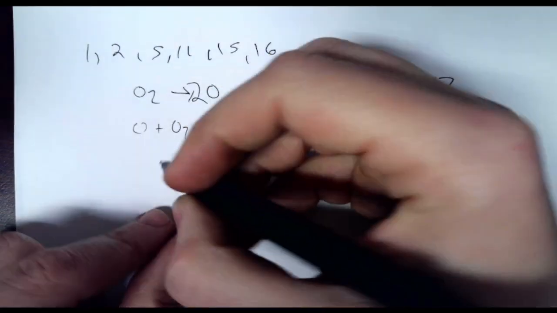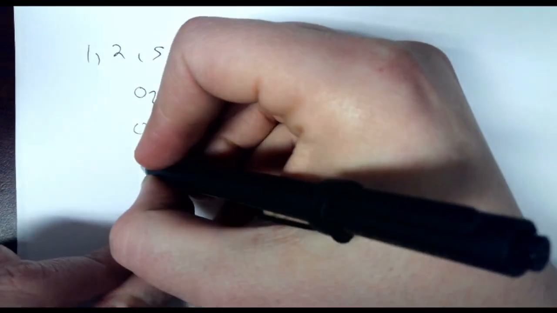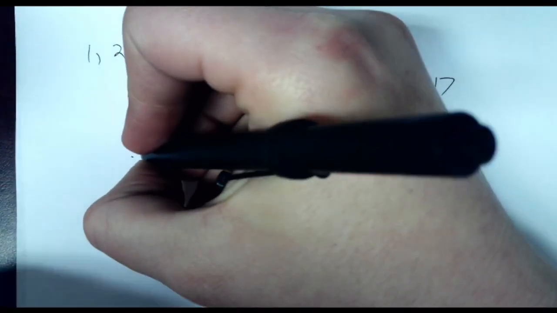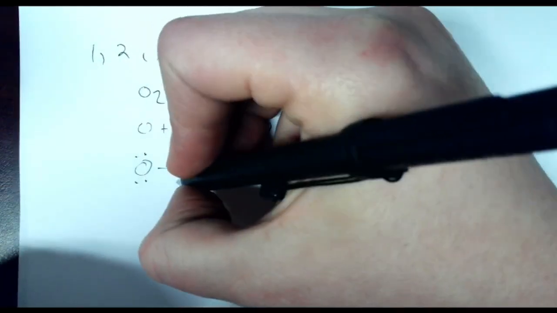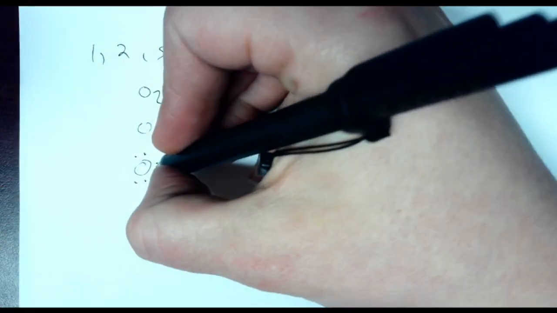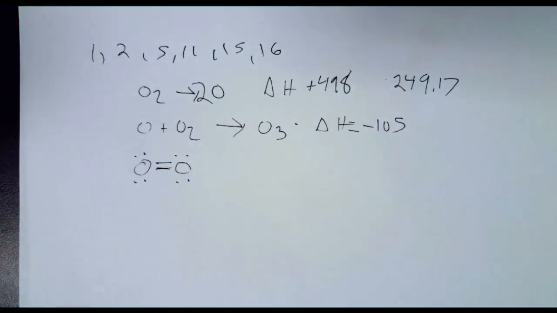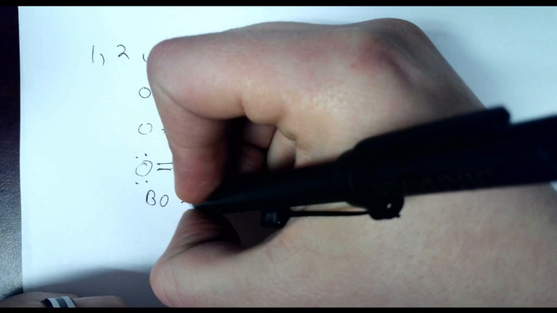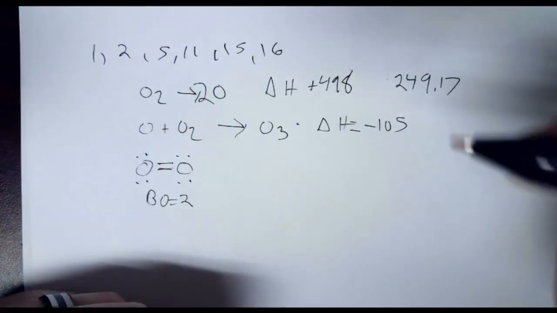Proper Lewis structure, if you're trying to draw a Lewis structure for oxygen, you have O, you put 1, 2, 3, 4, and then 1, 2, 3, 4, and you put a double bond, and look, oh, hey, that's a bond order of 2. So I'm predicting that energy.